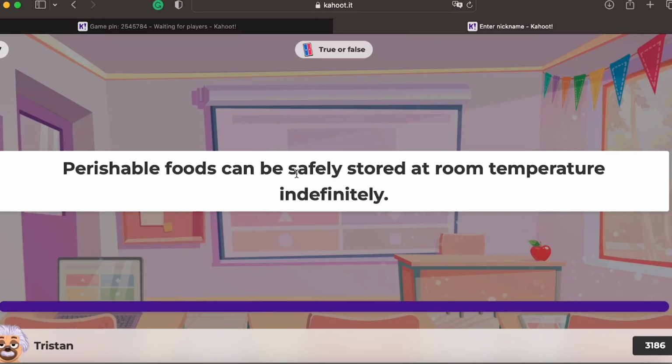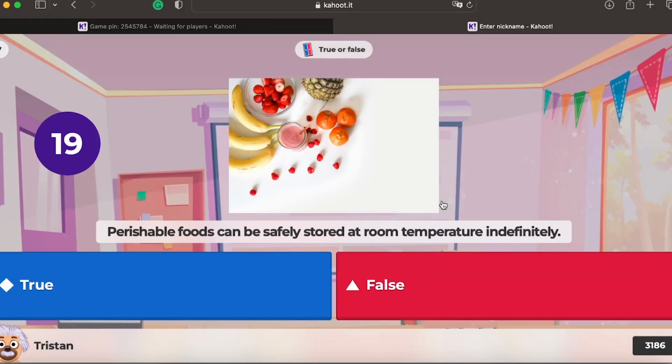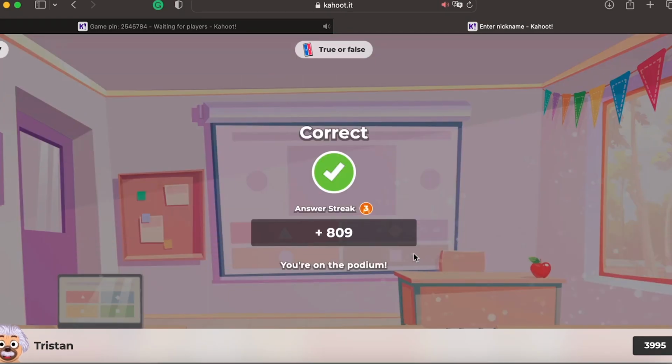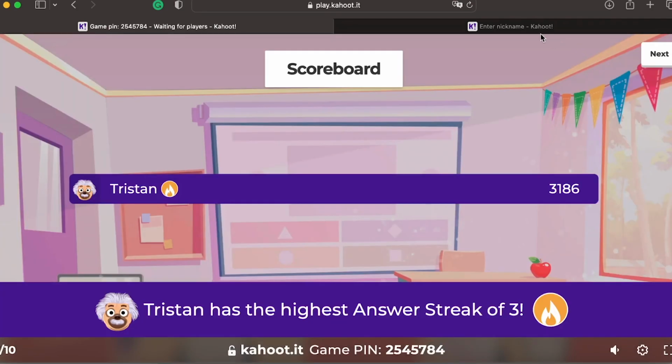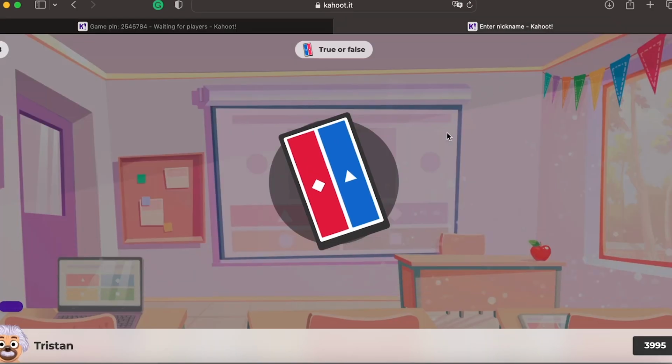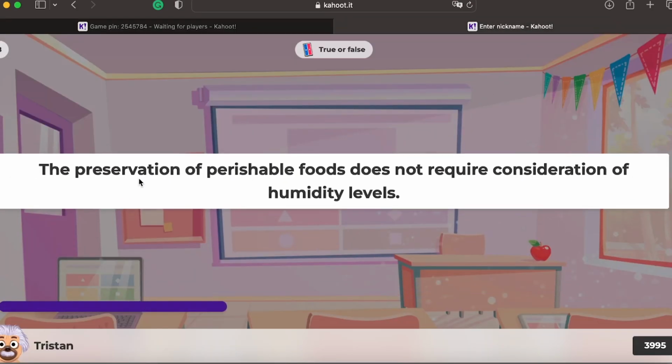Perishable food can be safely stored at room temperature indefinitely. No, not indefinitely. It will be spoiled within a few days if you put it at room temperature. We have 8 questions now.